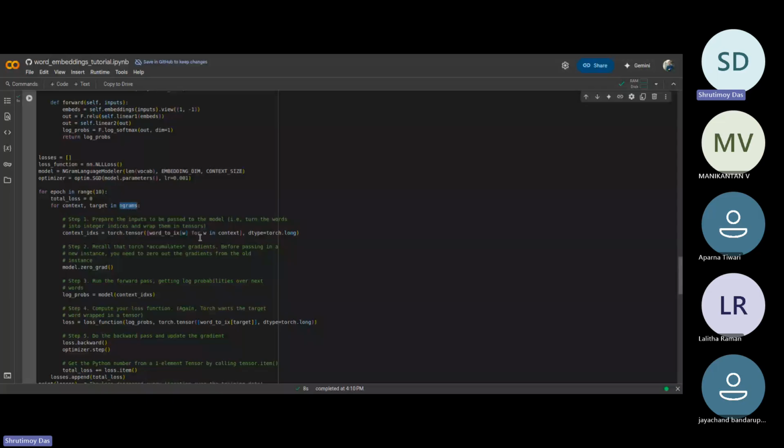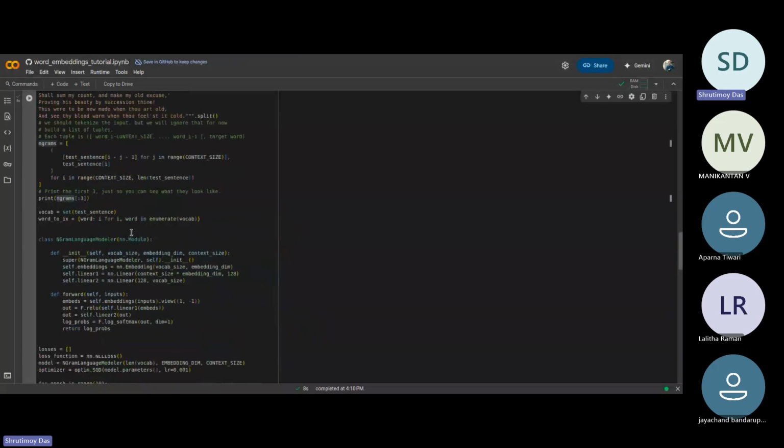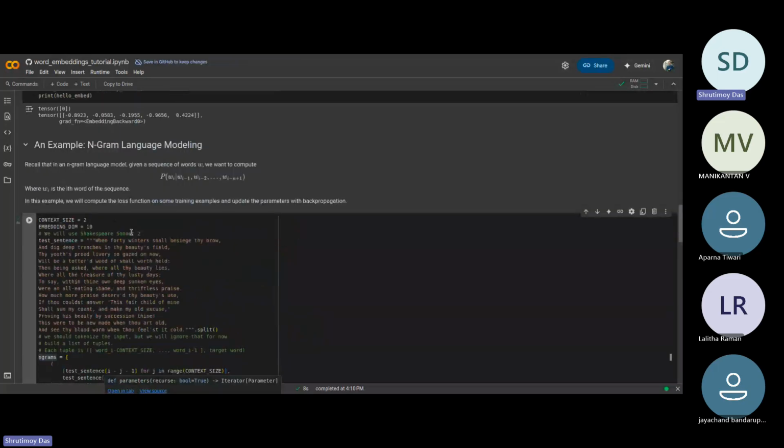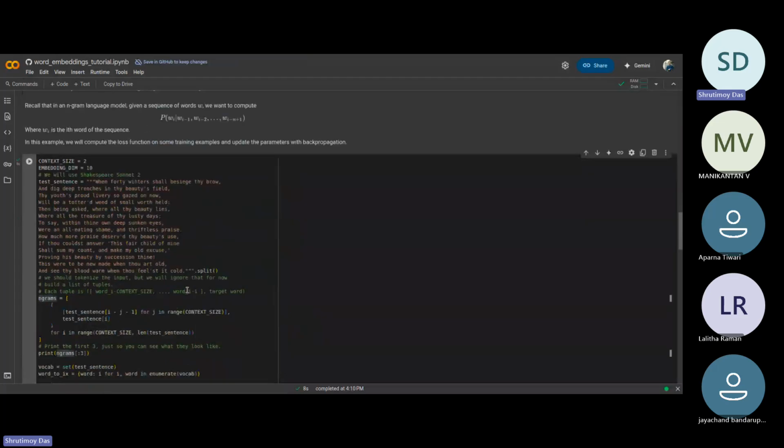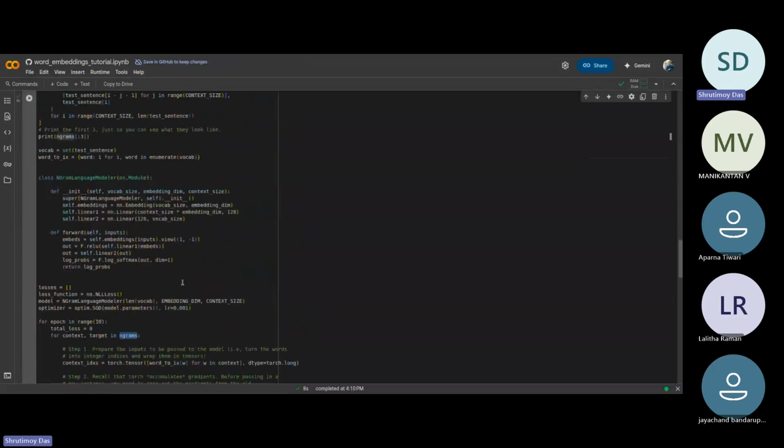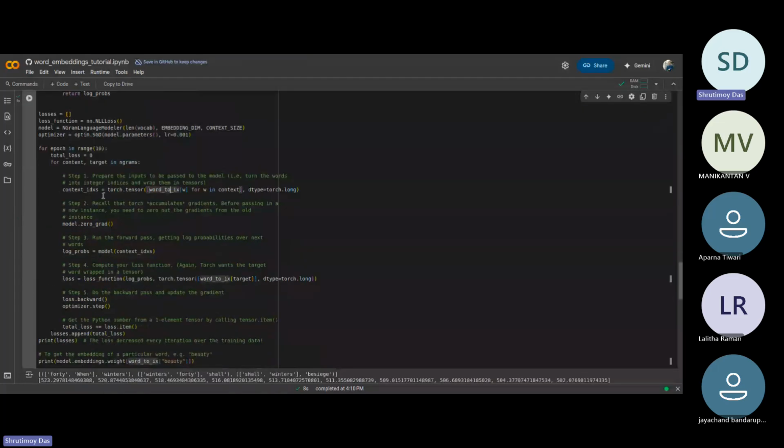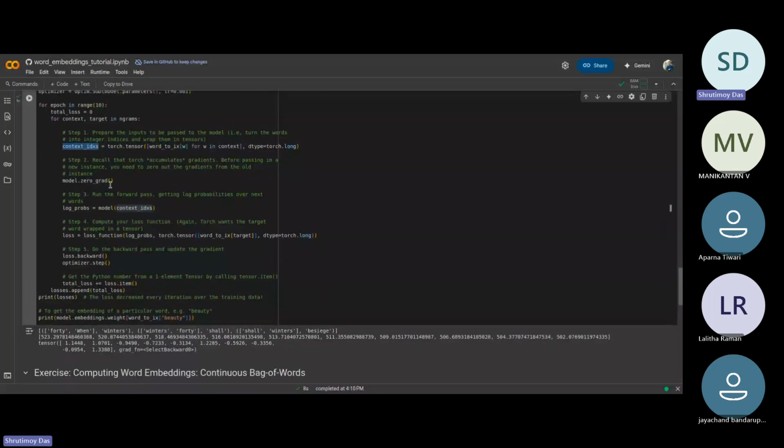So for each of these n-grams, as you saw in the above example, you need to create a lookup to extract the embeddings of each word. This is what we're doing here, context indices. And then you have to give this call in PyTorch, because if you're doing multiple batches, say many batch SGD, it will start adding up all of the gradients that you have, and you don't want them.